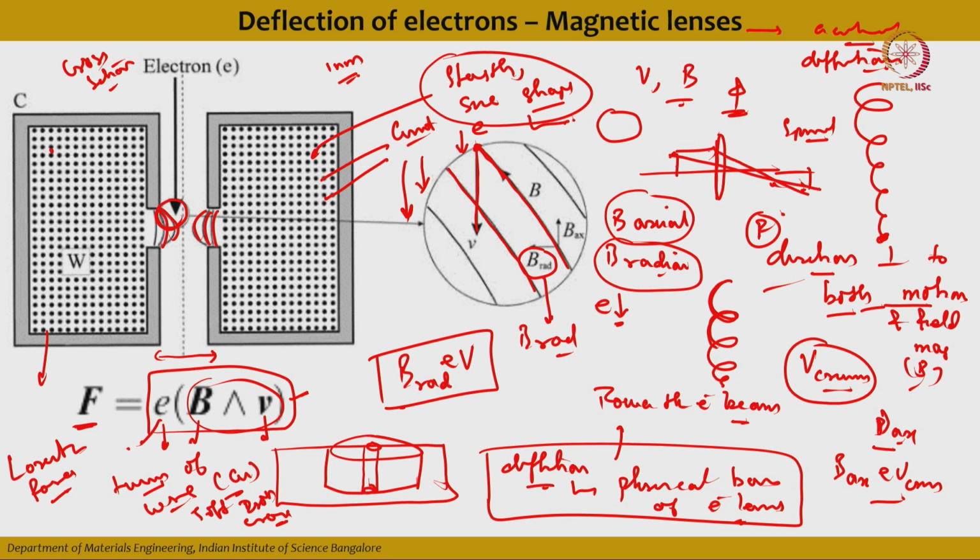There are different coils, and their function is not only related to focusing the beam to a point. Usually these electromagnetic coils can also be used to deflect the beam, and also for scanning the beam, especially in the SEM.